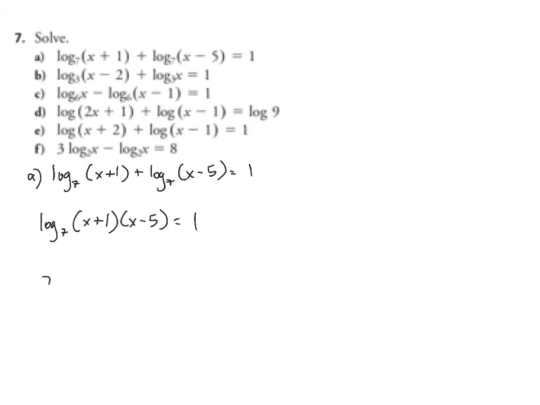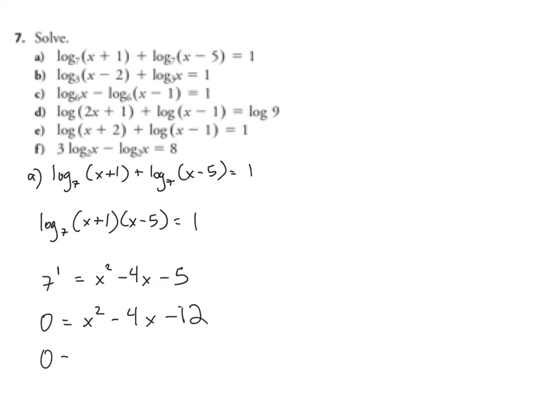So we could say 7 to the power of 1, we're rewriting it as an exponential, equals x squared plus 1x minus 5x, so minus 4x minus 5. And so we can say 0 equals x squared minus 4x minus 5 minus 7, or let's just write that as minus 12, save ourselves a line.